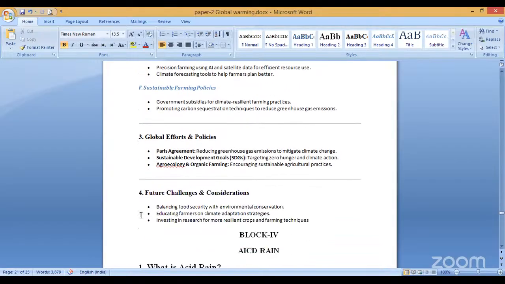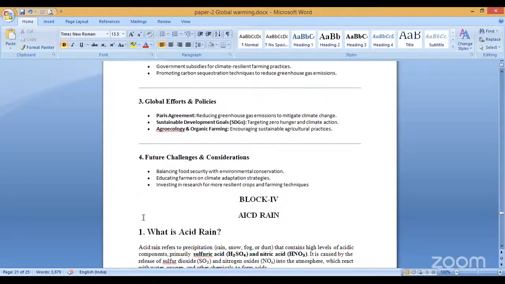The next one is sustainable farming policies: government subsidies for climate-resilient farming practices, promoting carbon sequestration technologies to reduce greenhouse gas emissions and all.